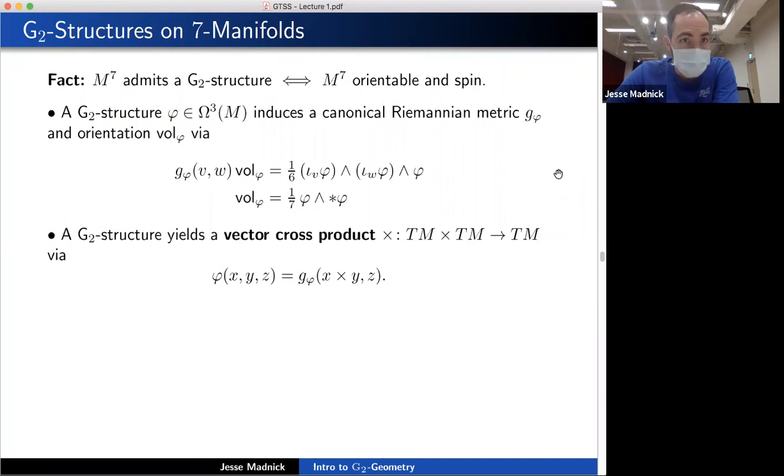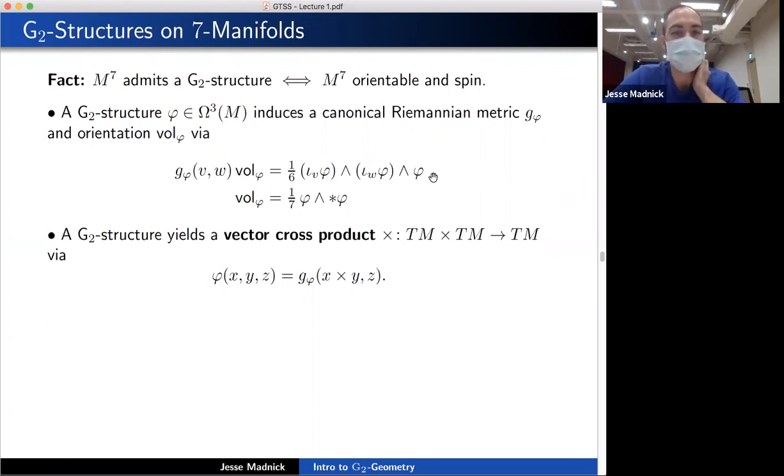Okay, so a G2 structure, however, unlike an almost complex structure, gives you sort of more data than maybe you might want, and sometimes. Because G2 is contained in SO7, every G2 structure induces both a canonical Riemannian metric and an orientation. Right? This is what we said previously about definite forms inducing a metric and an orientation, and it comes from this formula here.